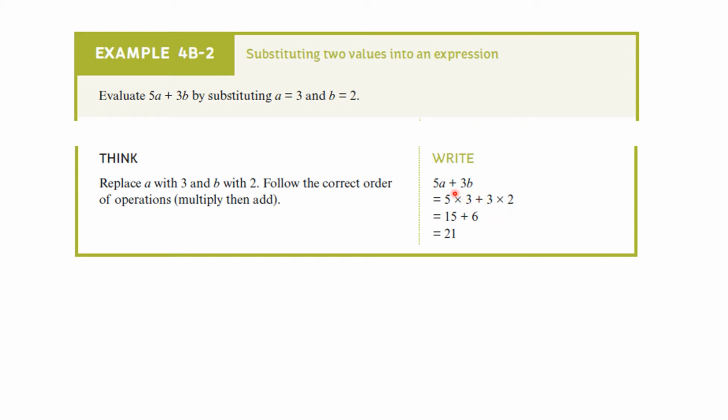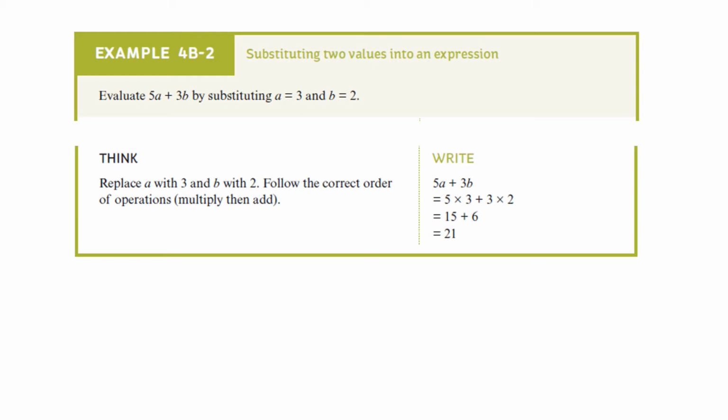BIDMAS tells us to do multiplications first. 5 3s are 15. 3 2s are 6. 15 plus 6 to give 21. Again, if you wanted to write out this alternatively, I'll just quickly do it here on the side again. I'm just going to rewrite this step here. I'm not going to do the rest because we know it's the same.